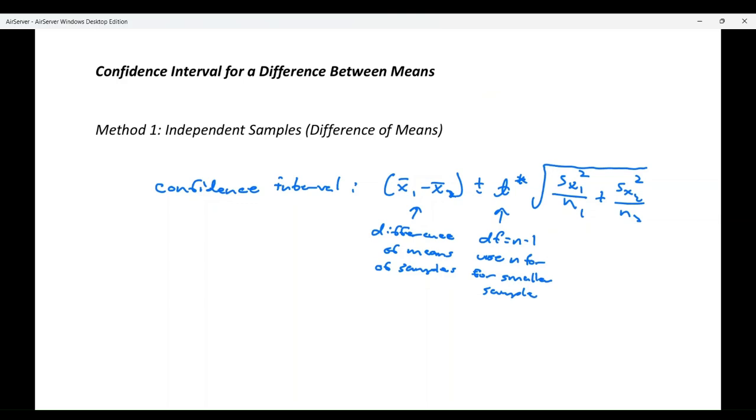The last part of this is a little different because now we're square rooting. There was no square root when we did this for one sample. It was just s sub x over square root of n. Here's why we have a square root. Remember that what we're dealing with in this last part of the formula are standard deviations.